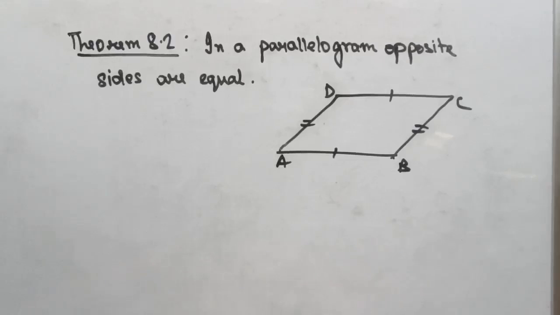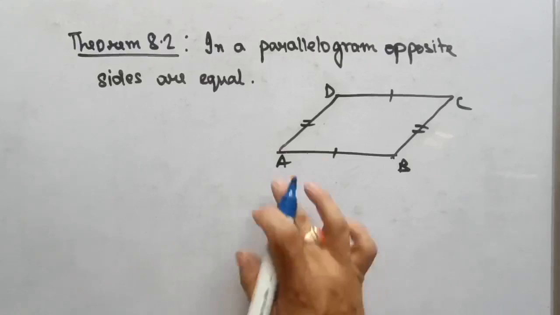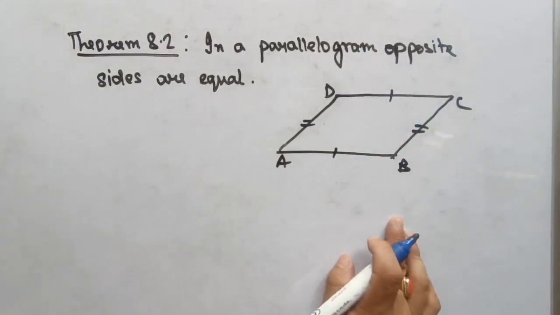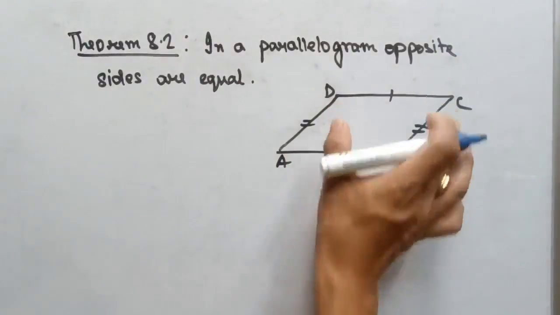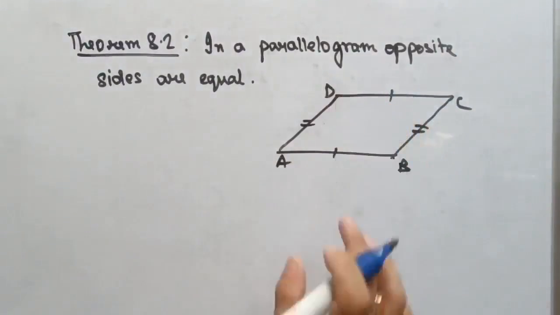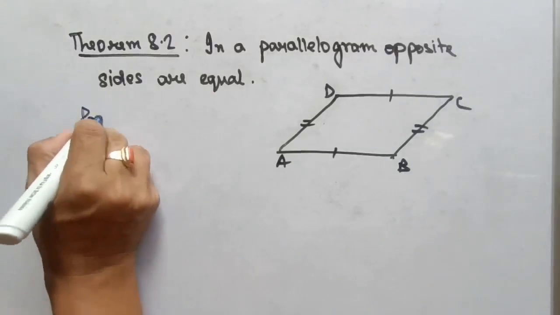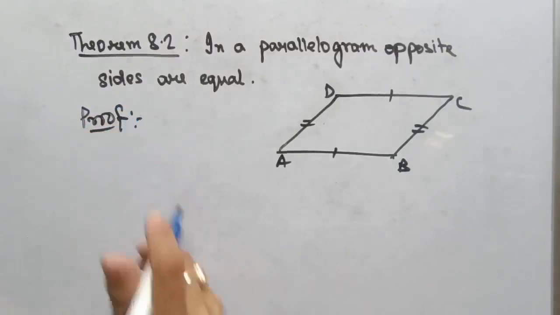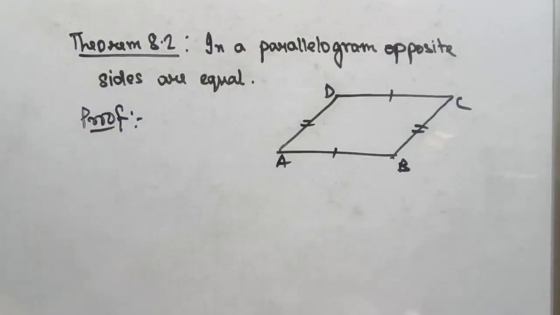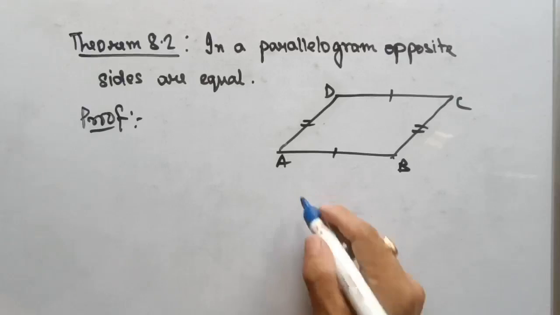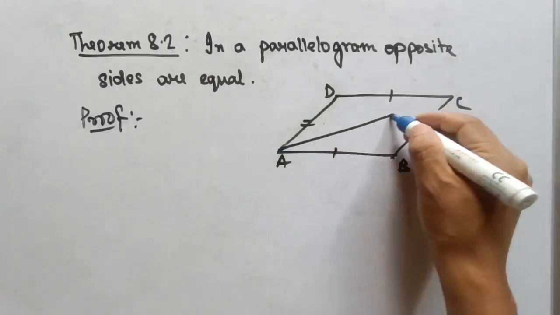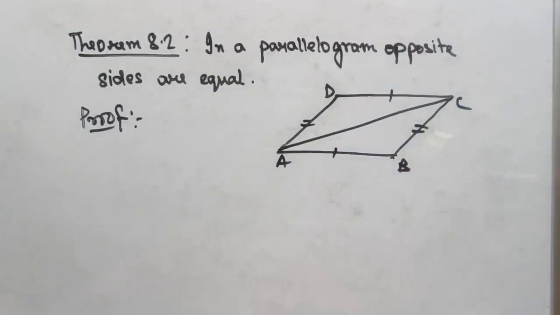Next property given is theorem 8.2. It says in a parallelogram, opposite sides are equal. So in a parallelogram ABCD, its opposite sides AB is equal to CD and BC is equal to AD. Its proof is simple. As in the earlier theorem 8.1, we have proved that the diagonal divides a parallelogram into two congruent triangles.